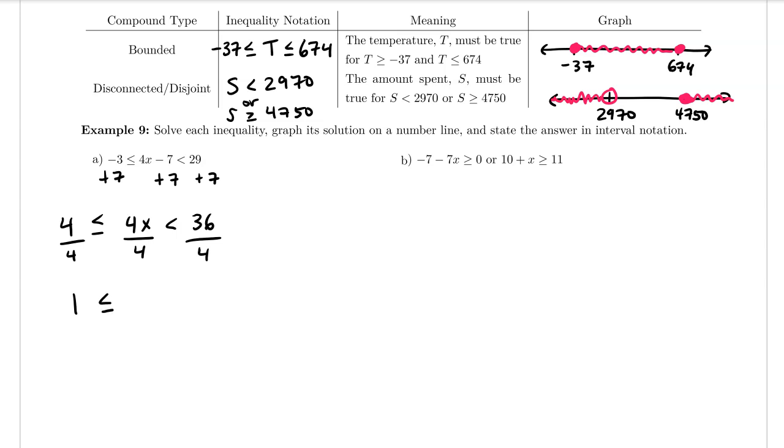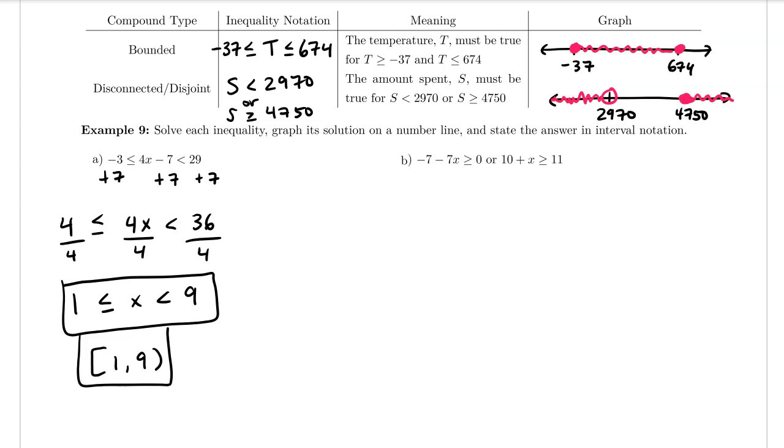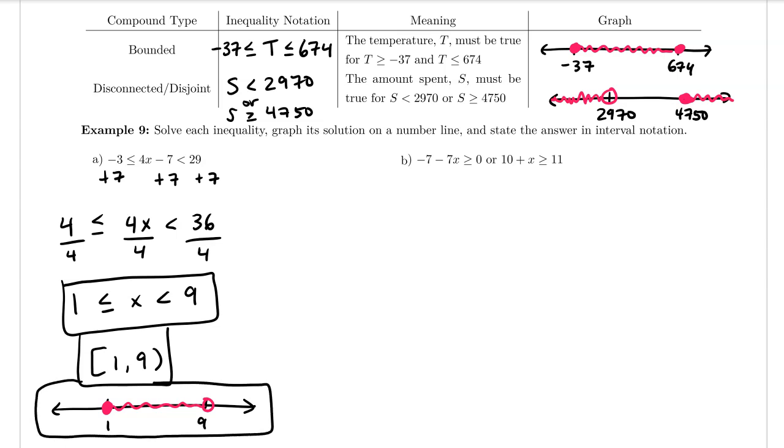And we get 1 is less than or equal to x, which is less than 9. So there's our answer in inequality notation. In interval notation, that's going to be bracket 1 comma 9 parenthesis. And then if we graph that, here's 1, here's 9. I'm going to put a closed circle on 1 and an open circle on 9. And there is our final answer for part A.